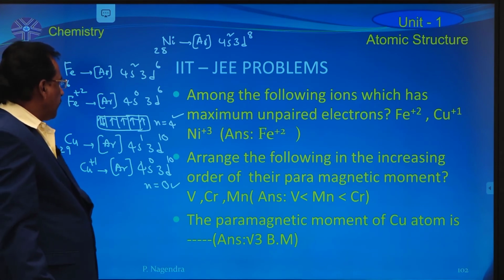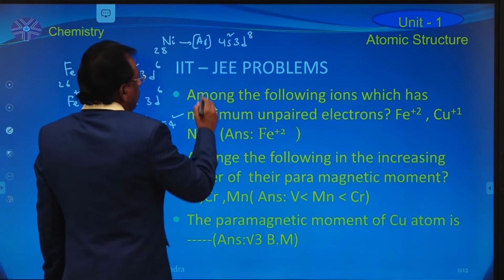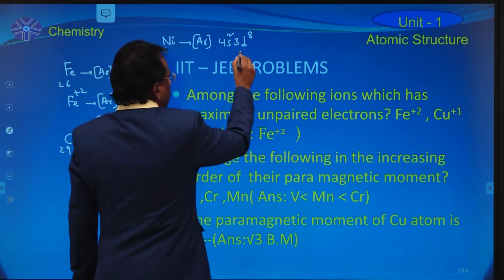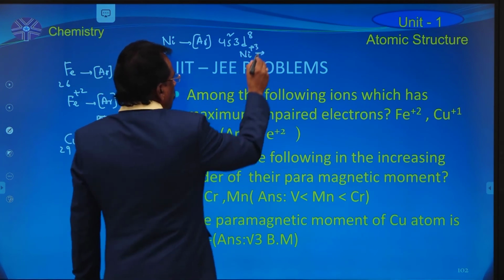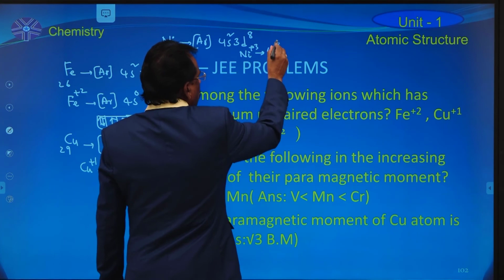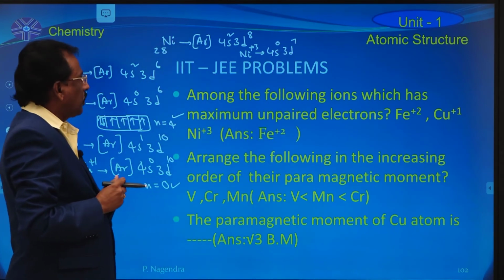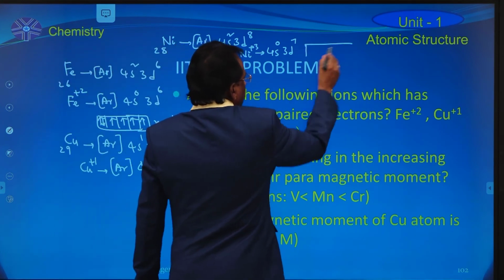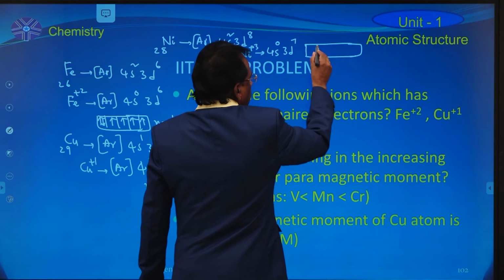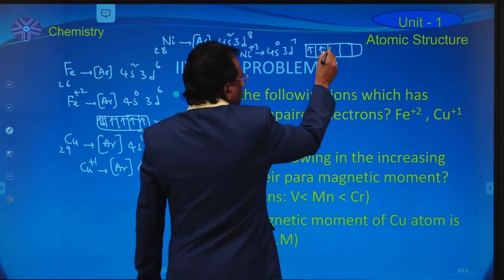Now the nickel plus 3 configuration is 4s0 and 3d7. That means the 3d subshell contains 7 electrons.